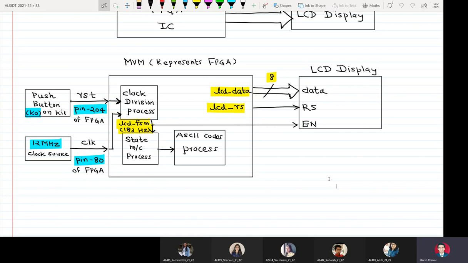Whatever signals I'm mentioning here, you should be able to see with the same names in the MVM for LCD when I flash it. So RST as an input, CLK as an input, LCD underscore data as an 8-bit output, LCD underscore RS as a single bit output, and LCD underscore EN as the enable.